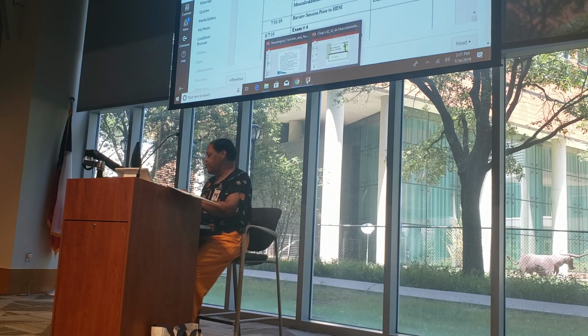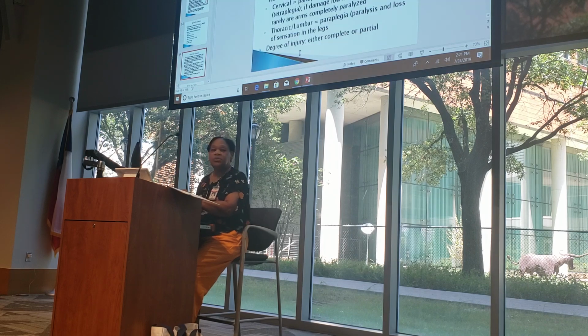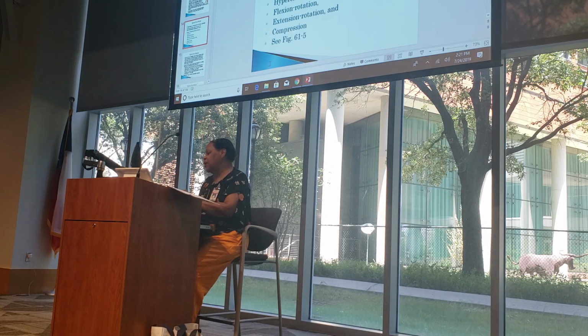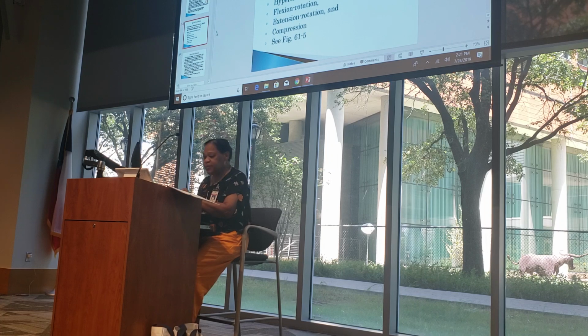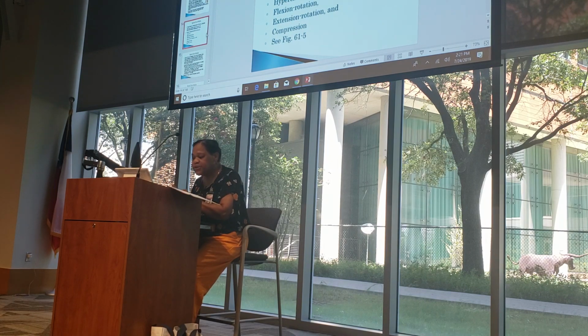Thank you. Go back to slide number 14. See figure 61. Yeah, but figure 61-5 is muscle, it doesn't have any. That's muscular, yeah. Okay. Muscle. All right, not to worry, guys, hang on.